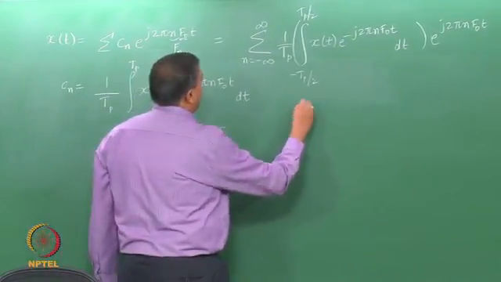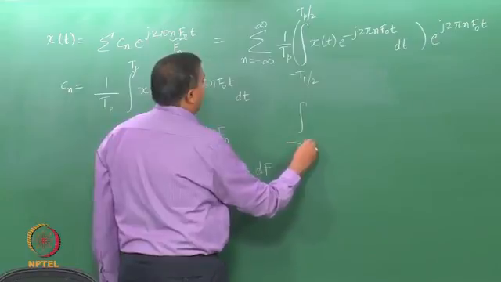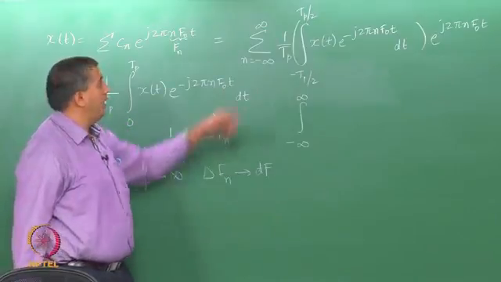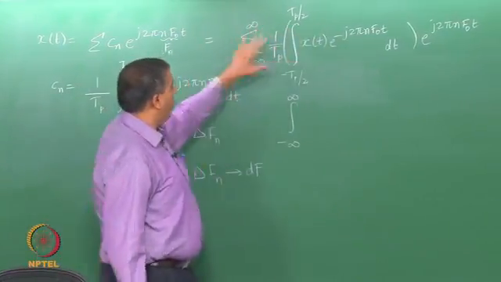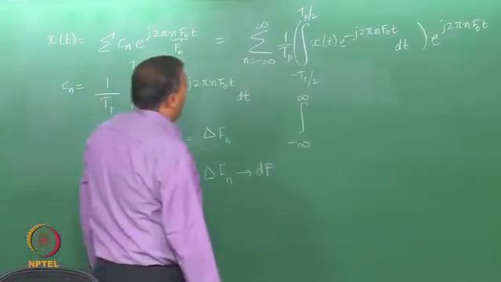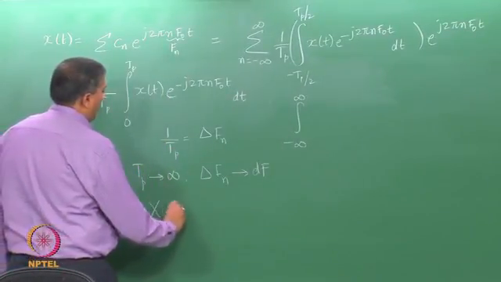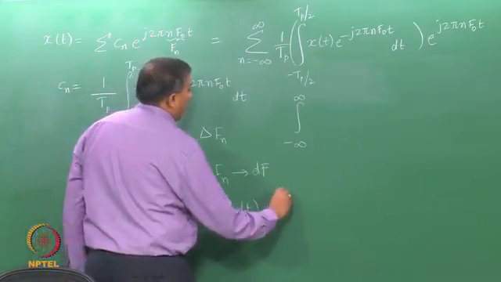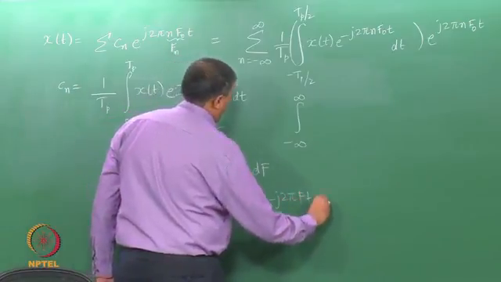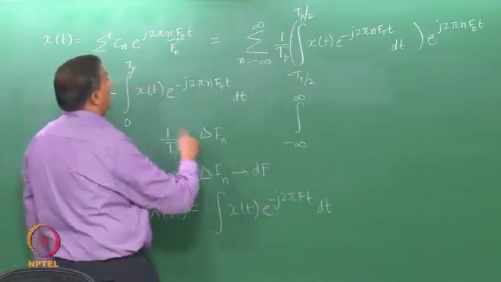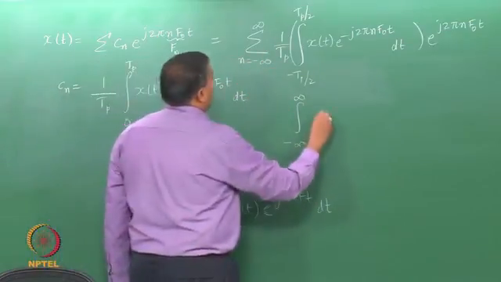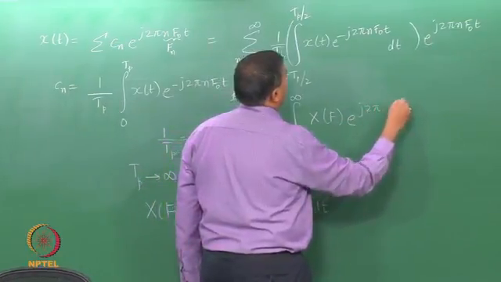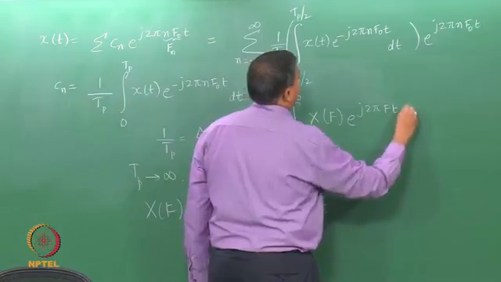So, what we have here is, in the limit as Tp goes to infinity, I am just writing the final result. I have taken this integral outside and I have minus infinity to infinity. 1 over Tp can now be replaced with df, and if I define x of f as the integral of x of t e to the minus j 2 pi f t dt, then I can rewrite this expression as the integral of x of f e to the j 2 pi f t df.